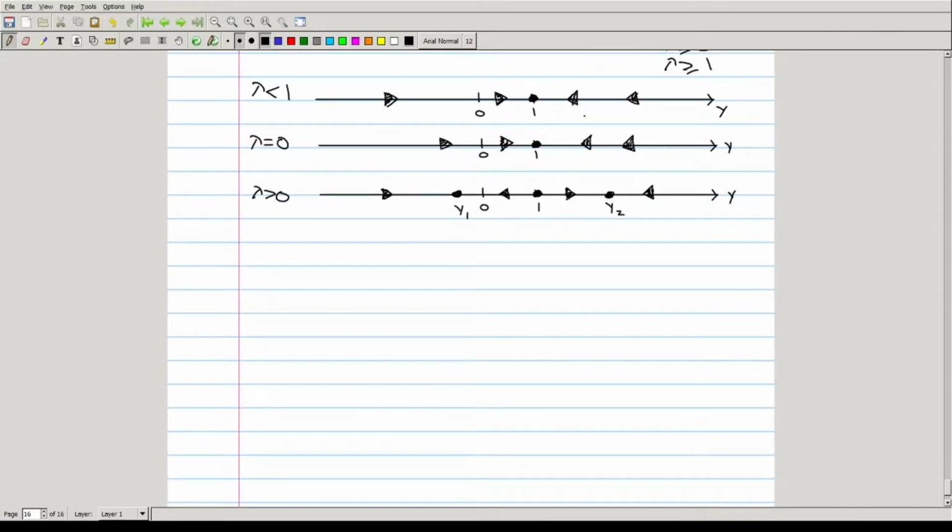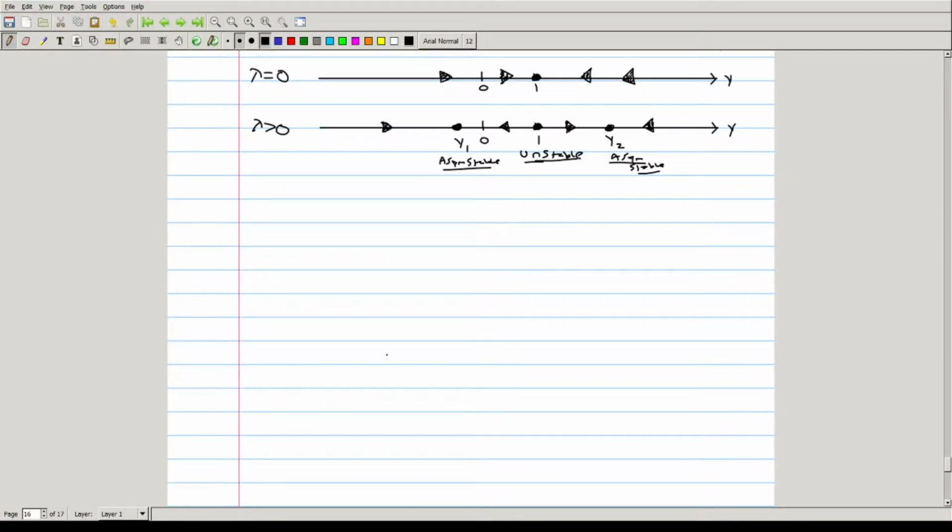One's going from being an asymptotically stable critical value to being an unstable critical value. And these two new critical values that pop up, y1 and y2, are both asymptotically stable. So these are what the phase line diagrams look like for this bifurcation problem.